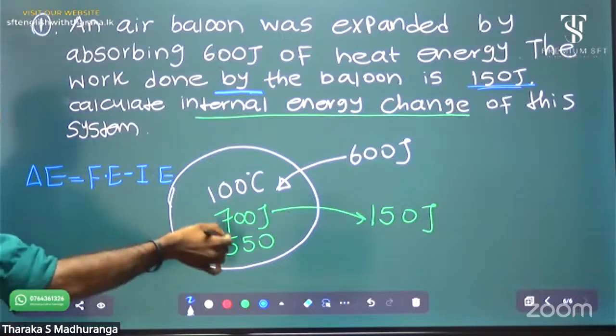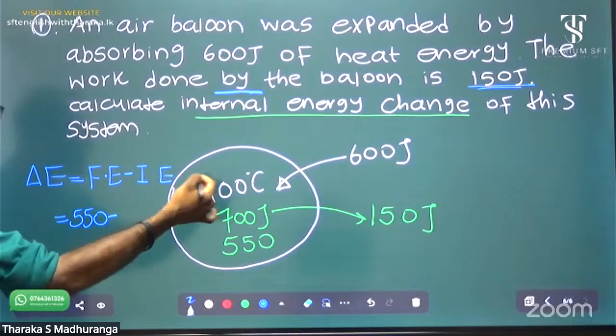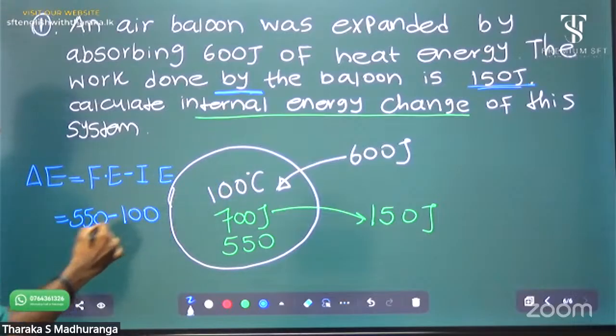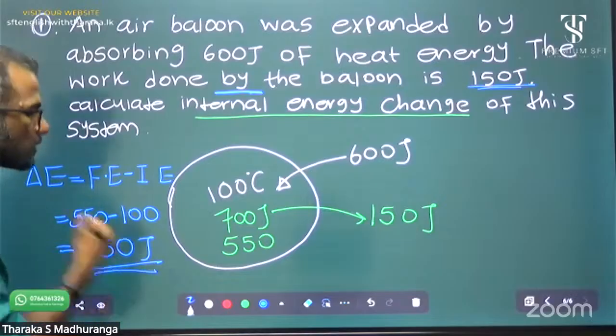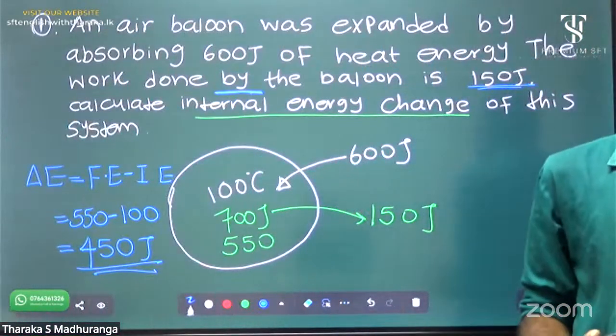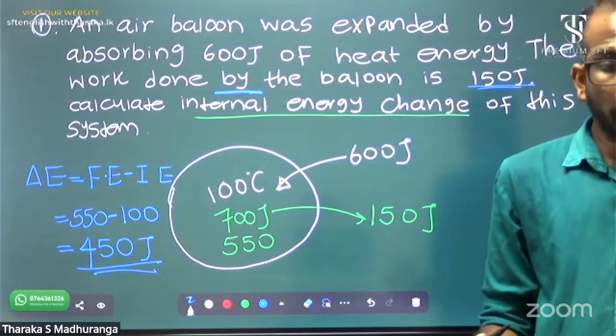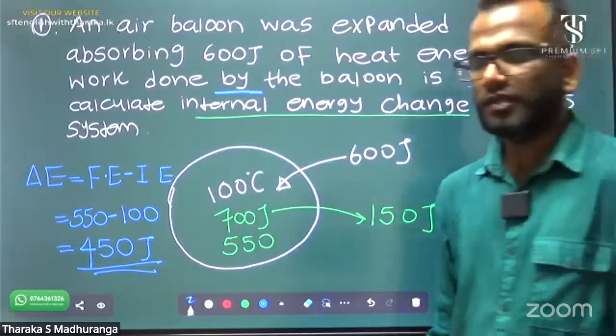Now the final energy level is 550 minus the initial, which we took as 100. Then the answer is plus 450 joules, the internal energy change. Understood? Internal energy change is plus 450. Understood?